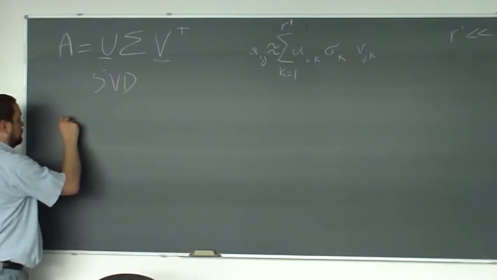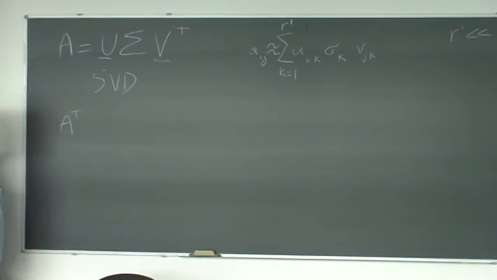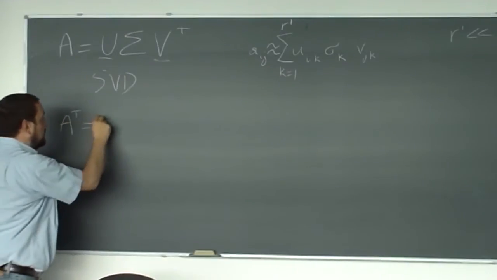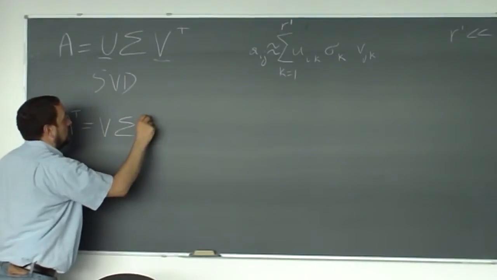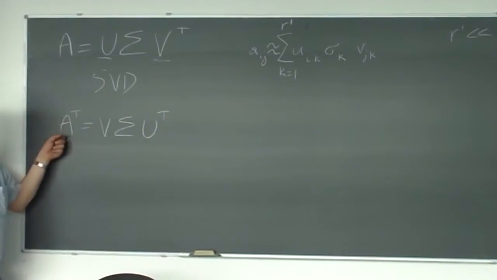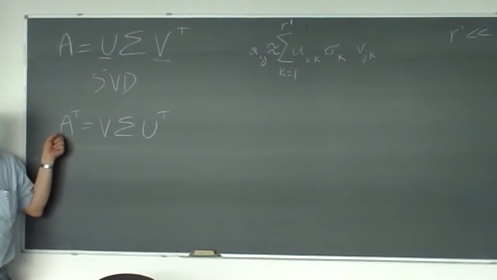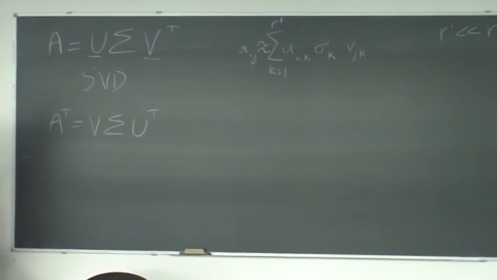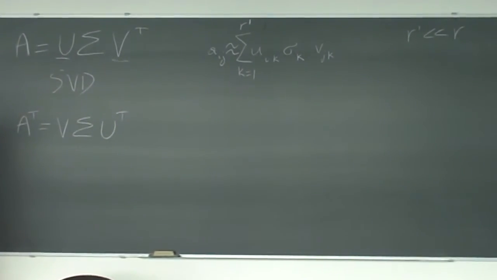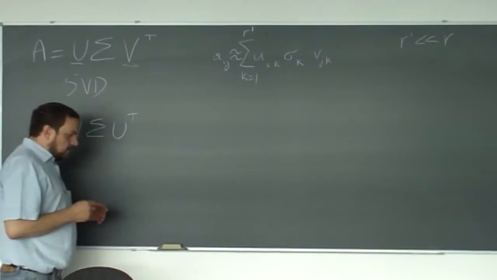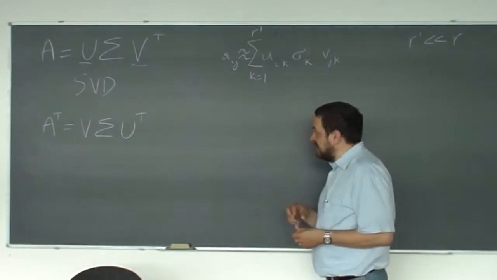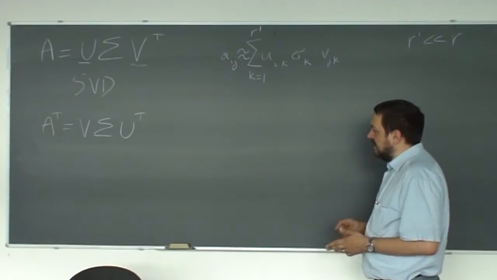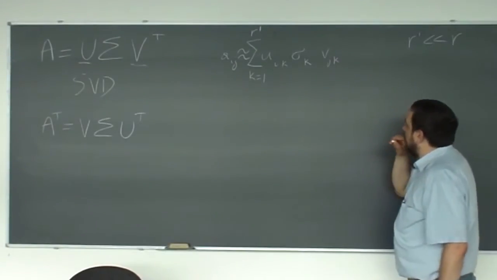So, from the SVD transform of A, we easily get the SVD transform of A transpose, of course. There is another kind of symmetry that we can discuss.